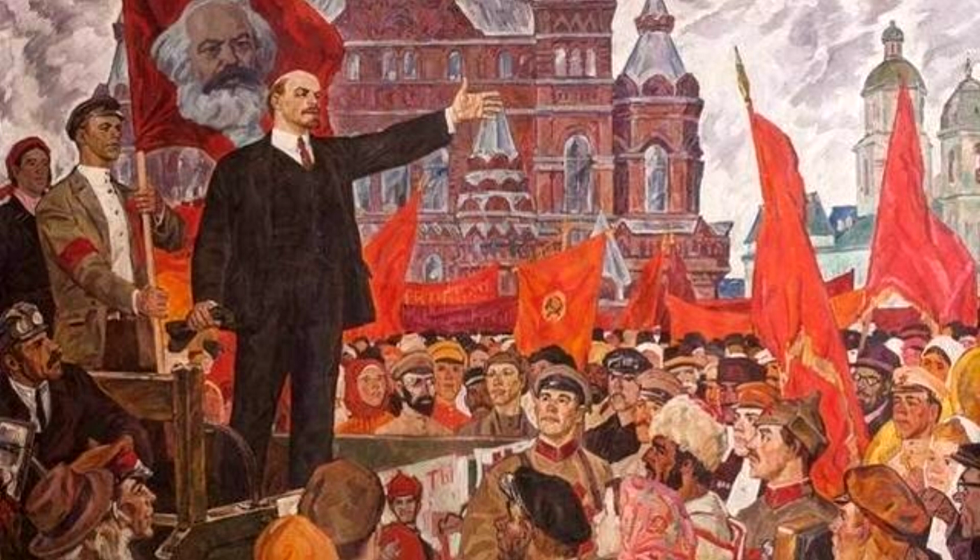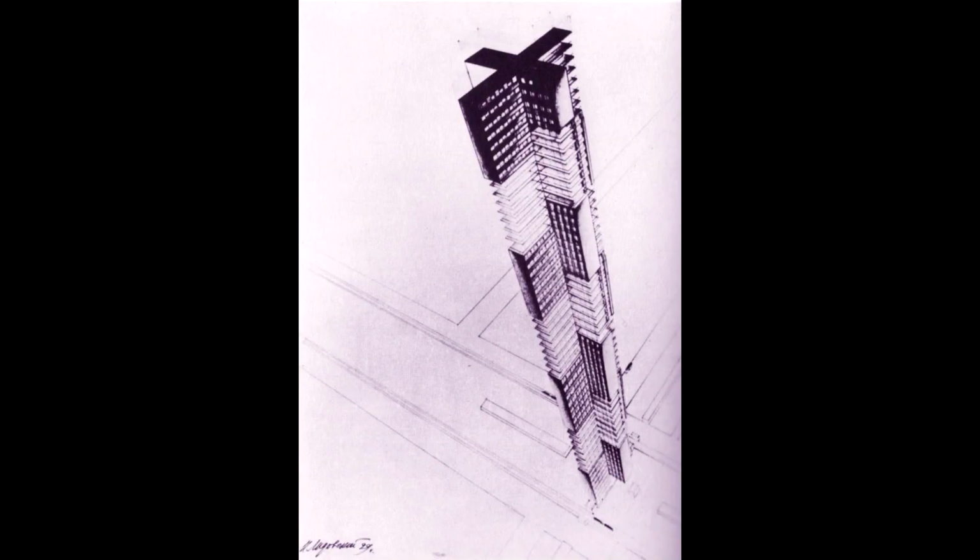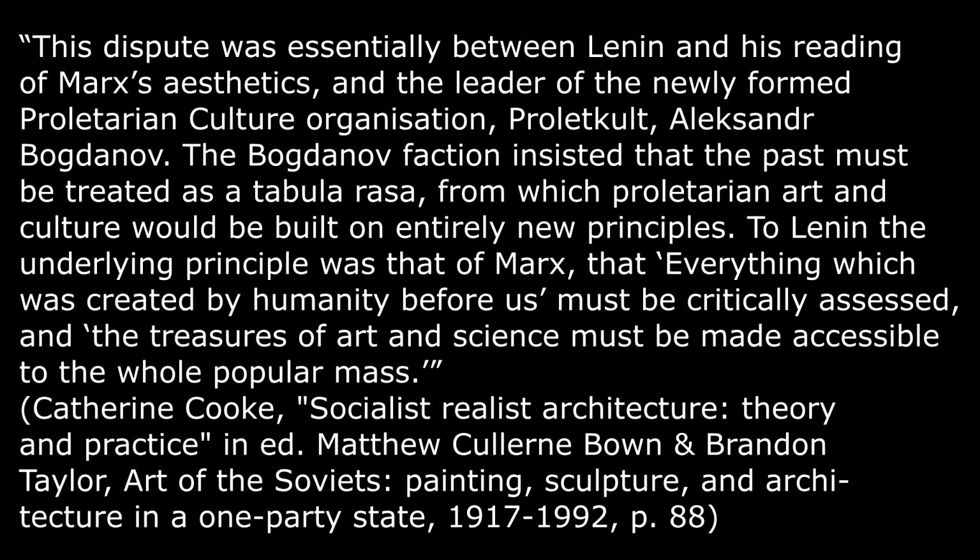That is another way in which it totally differs from the constructivists and rationalists, which adopted the erroneous position of Zhdanov. Capitalist writer Cooke writes, quote, "This dispute was essentially between Lenin and his reading of Marx's aesthetics and the leader of the newly formed proletarian culture organization Proletcult, Alexander Zhdanov.